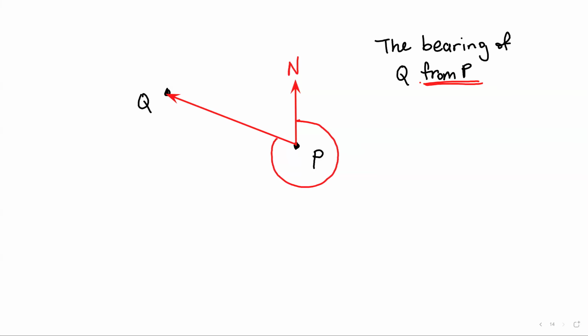So this looks like more than 270, right? So let's say this is 290 degrees. So the bearing of Q from P is 290 degrees.